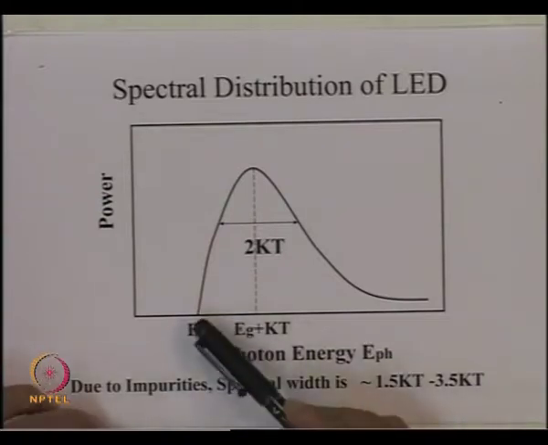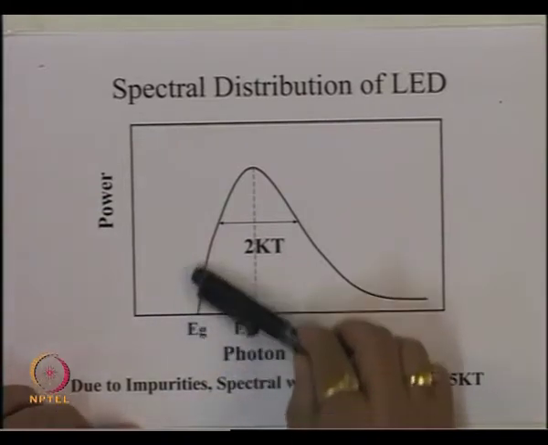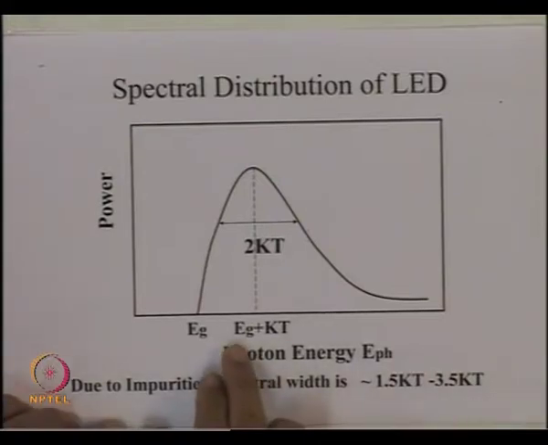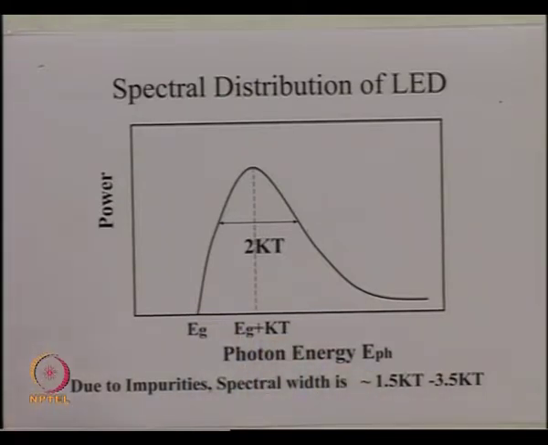So, we get a spectral distribution which looks like an asymmetric kind of distribution. The maximum power is received not corresponding to the energy which is the band gap, but a little more than that. Of course, this quantity kT is a very small number compared to EG.